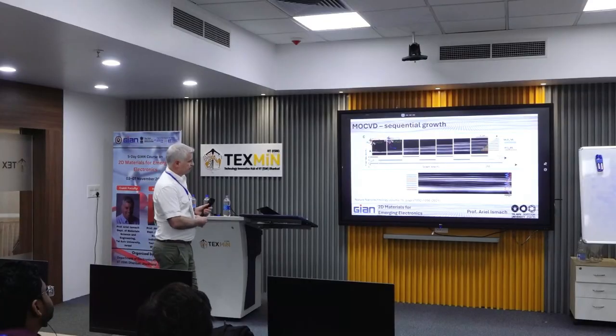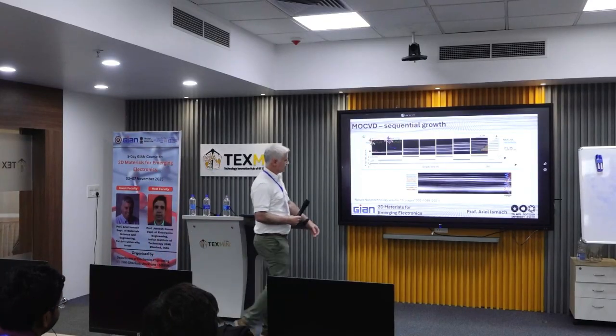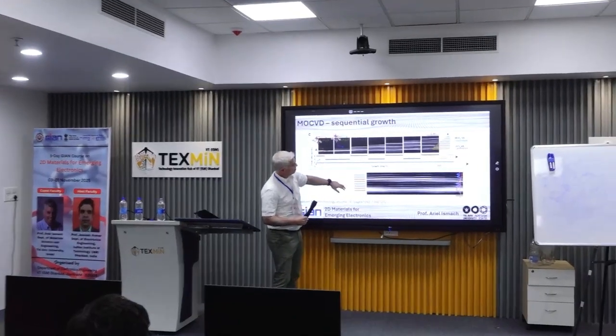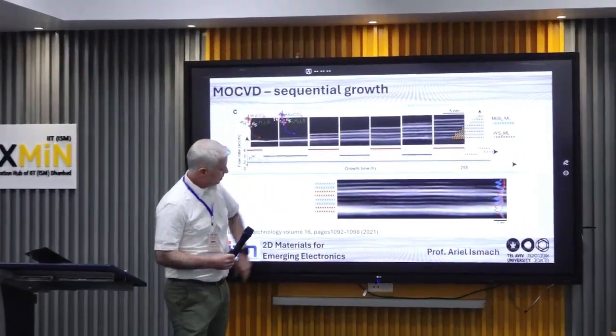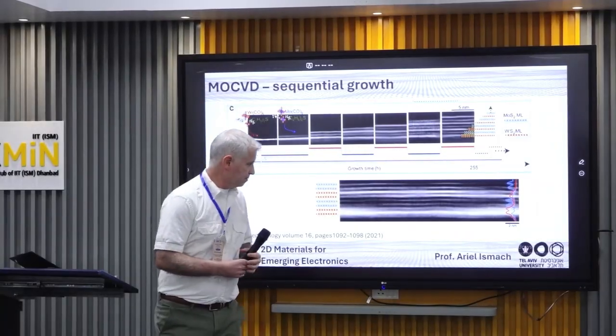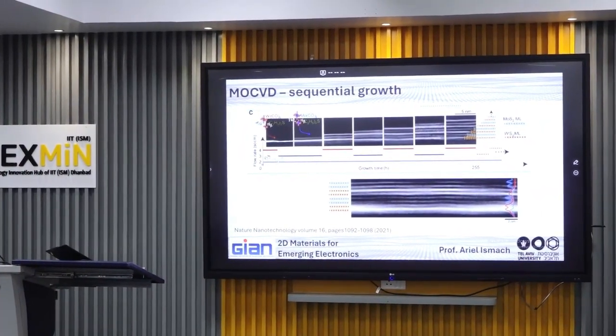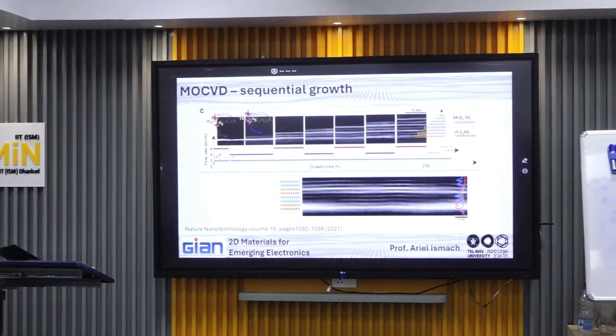But it is doable, as you see here. Here you can see a cross section, where the red is the tungsten and the blue is the molybdenum.